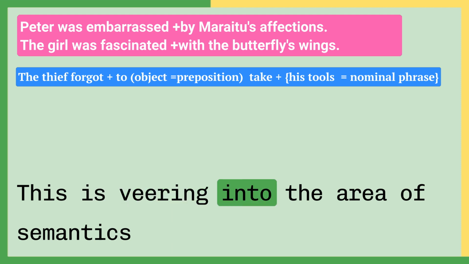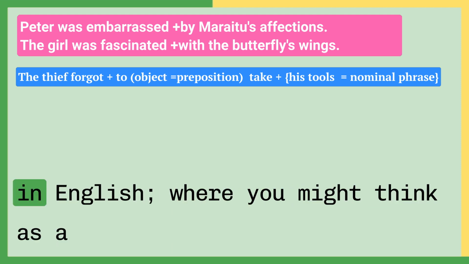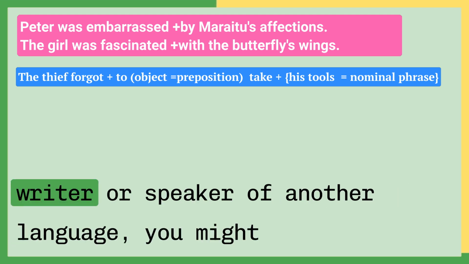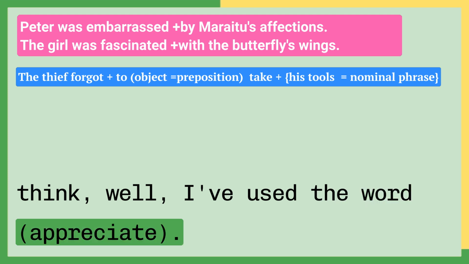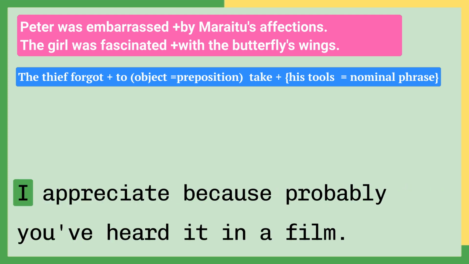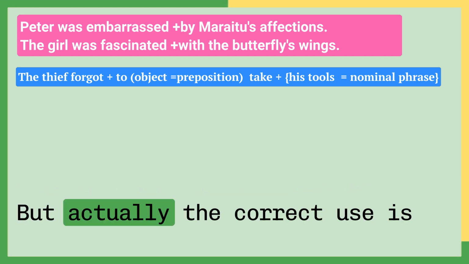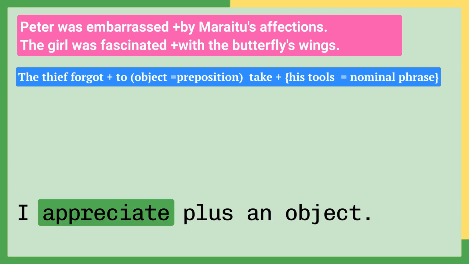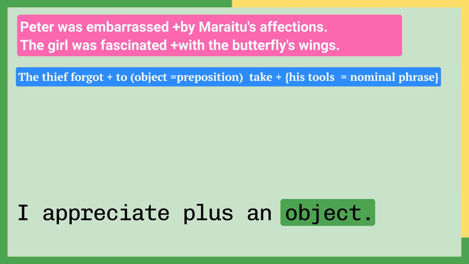This is veering into the area of semantics in English, where you might think as a writer or as a speaker of another language, well, I've used the word appreciate. I don't need to say anything after that. I appreciate, because probably you had it in a film. But actually, the correct use is I appreciate plus an object.